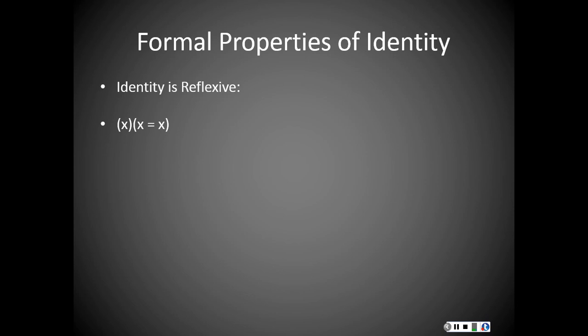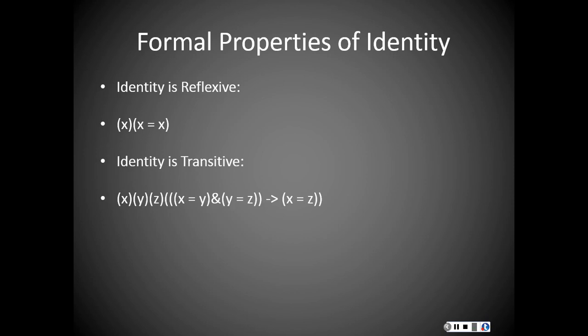That's how we represent formally the fact that identity is reflexive. Identity is also transitive. That is, for any x, any y, and any z, if x equals y and y equals z, then x equals z. Identity is transitive.